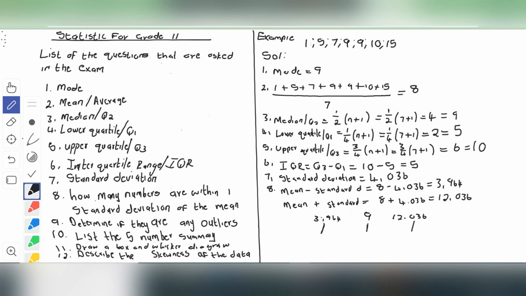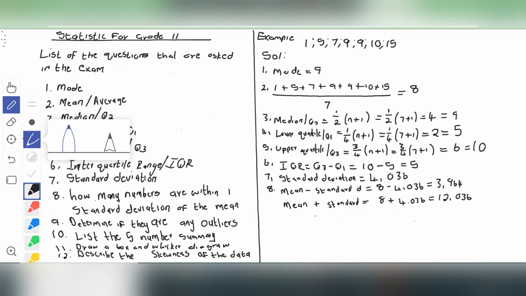So let me erase this so that we can write the answer. Yeah, so this is how we do it, right, guys? After, I said you're going to check the numbers between 3.964 and 12.036, and then check how many numbers are there within them.